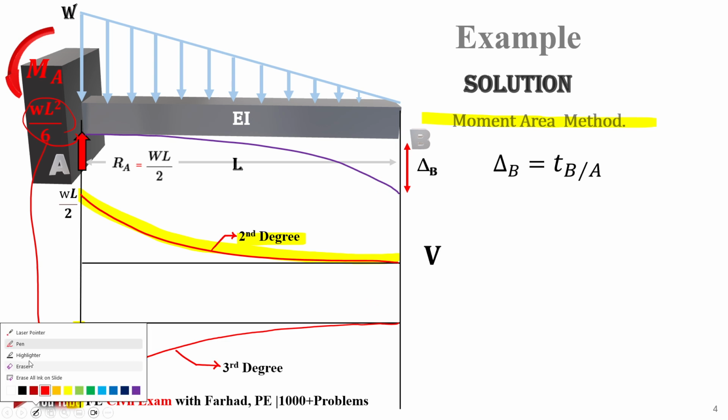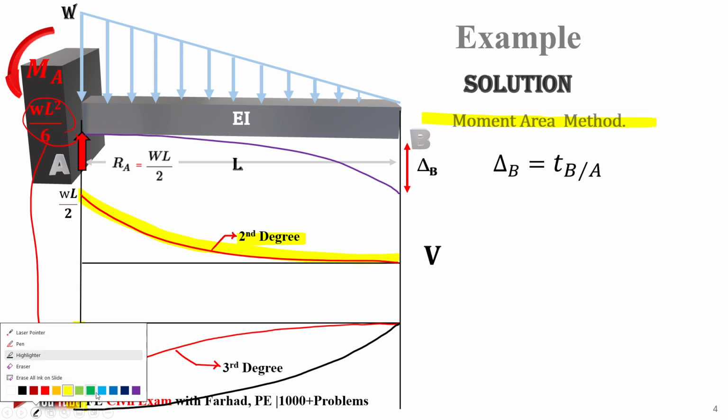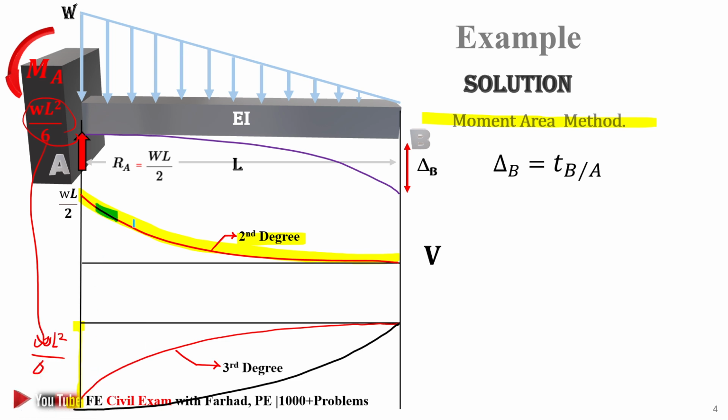Again, one may argue why we cannot go this way. Again, it is 0 at B and WL squared over 6 at the support. But for understanding the correct moment diagram, you have to look at the shear diagram. You can easily see the amount of shear is decreasing. It says the slope of the moment should decrease, and eventually shear is zero, so the slope of moment is zero.